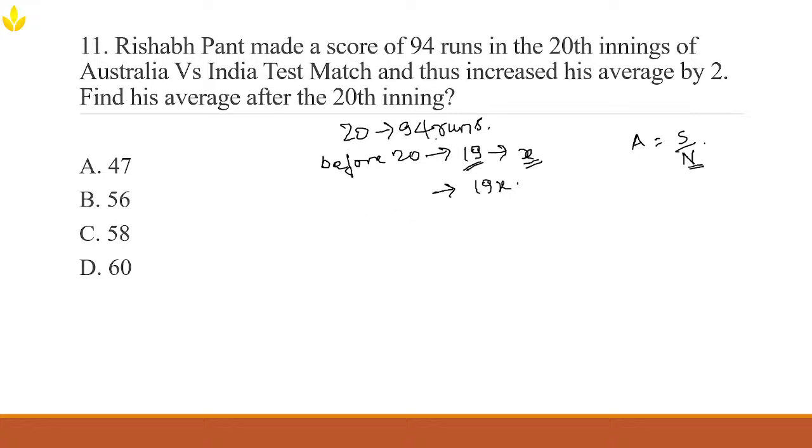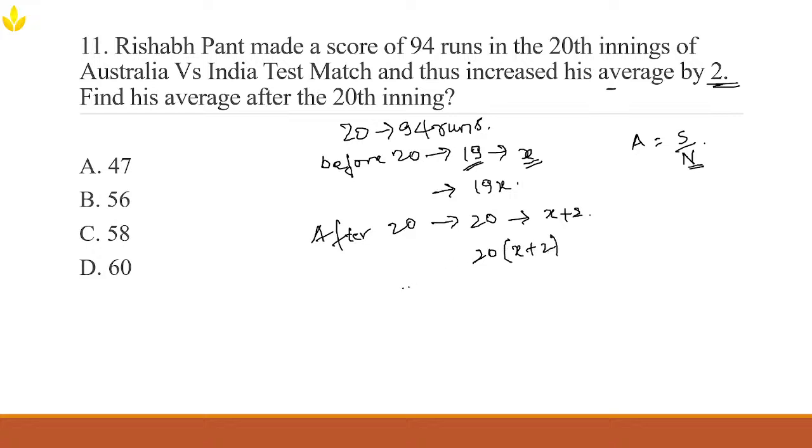The 20th innings it is given as 94 runs, and after the 20th innings the average score is increased by 2. So after the 20th innings, the number is 20 and the average will be x plus 2. In the same way, the sum we can take as 20 into x plus 2.